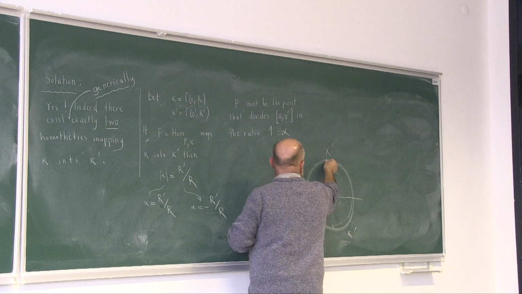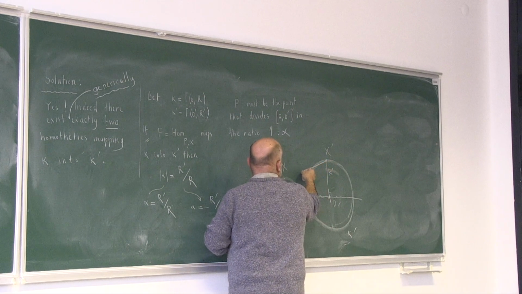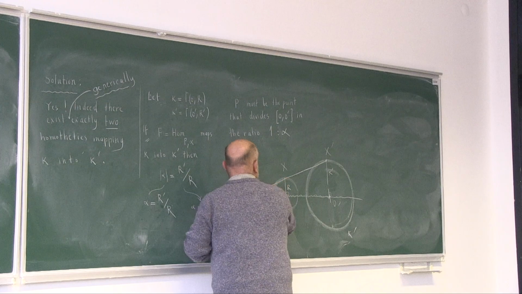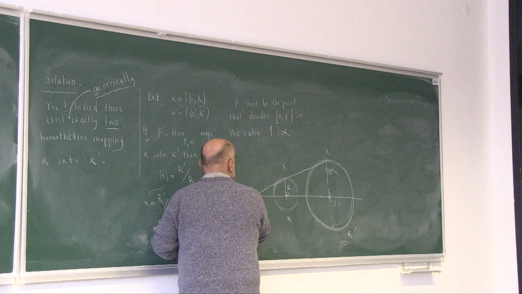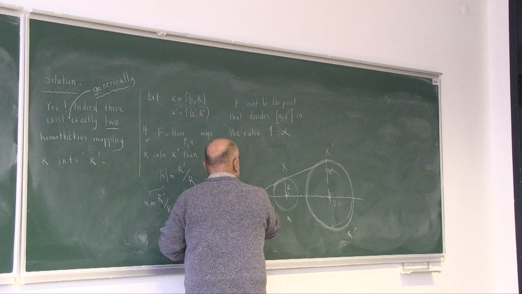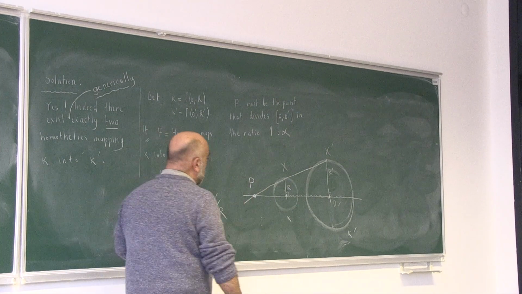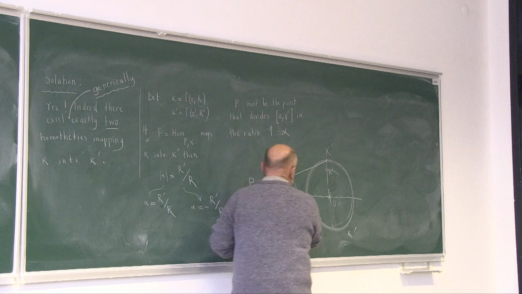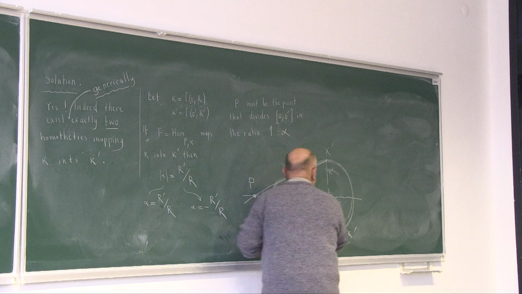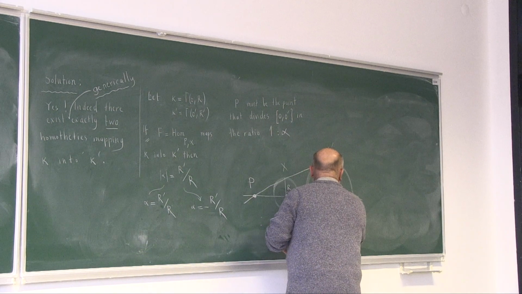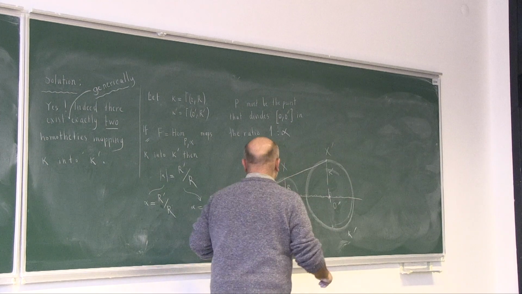If I join x prime and x, it will intersect the line joining the centers in a point P. So P is the one that divides the line segment O O prime in the ratio r to r prime.